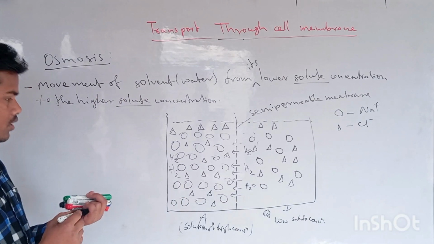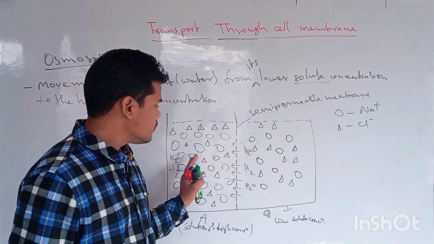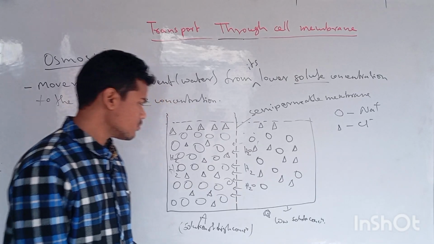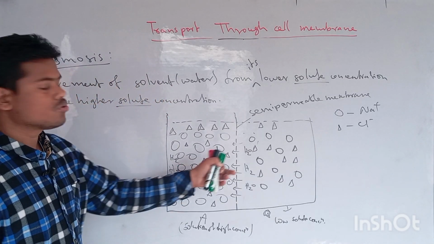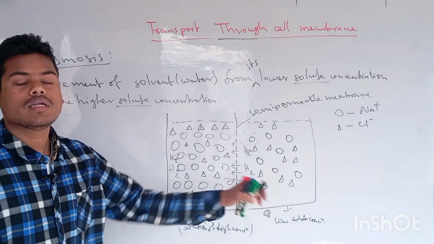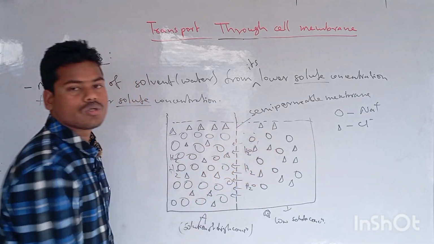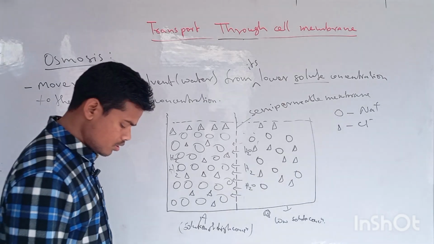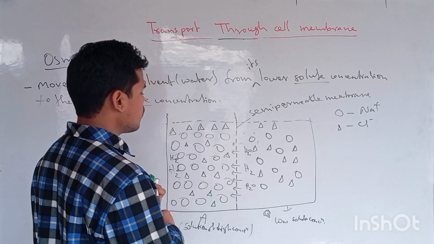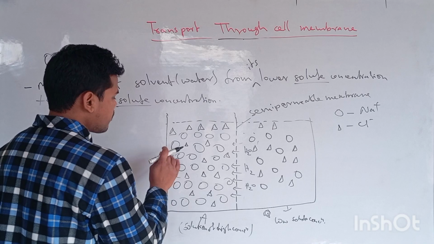So in osmosis, water movement will occur from compartment B to A, because here is the higher solute concentration and here is the lower solute concentration. How will the movement occur?